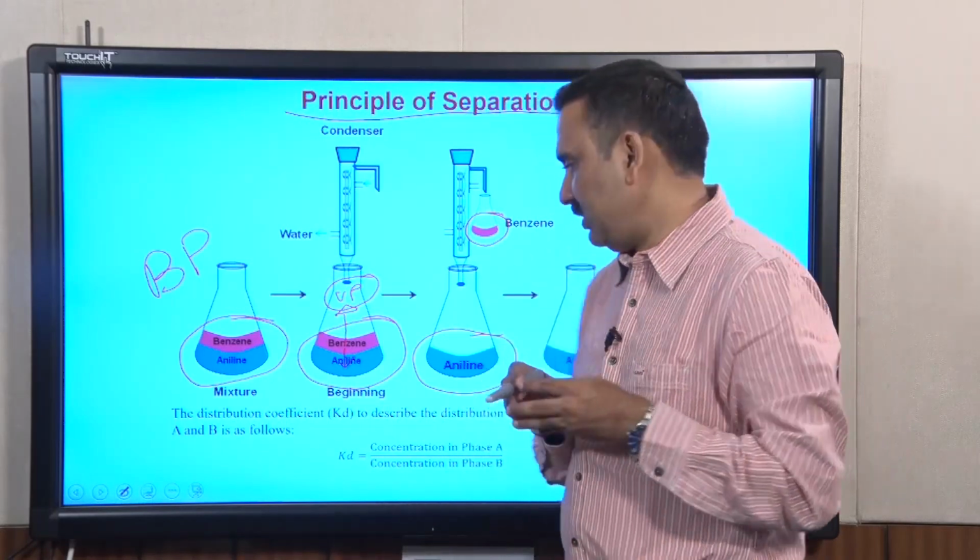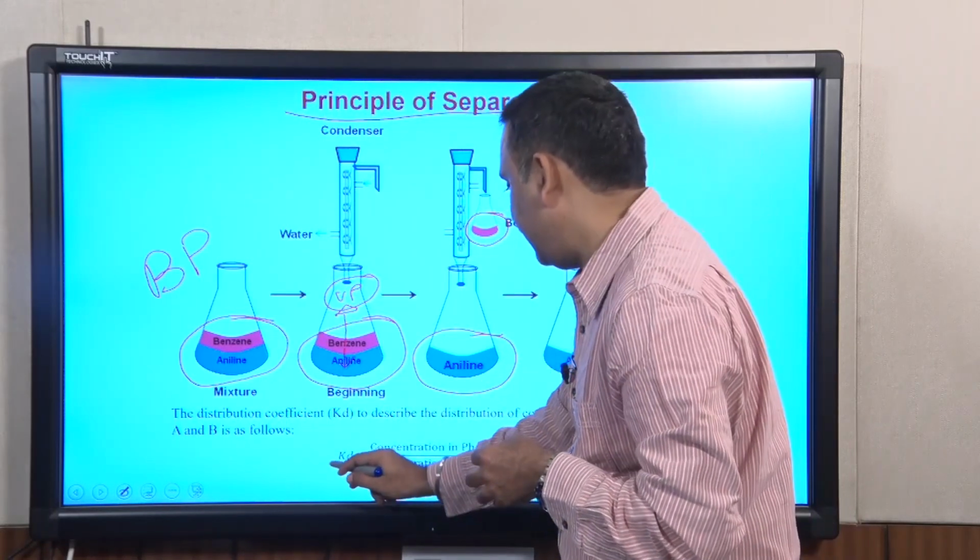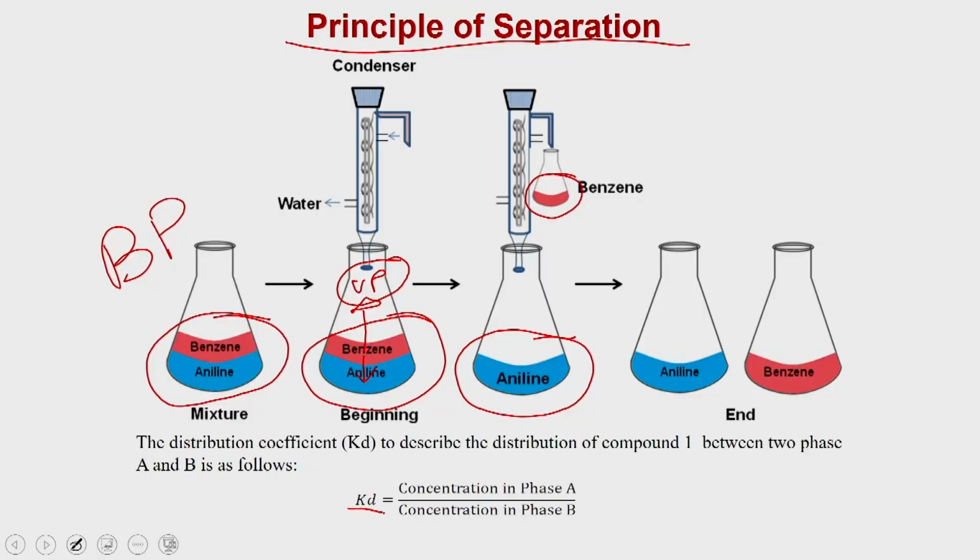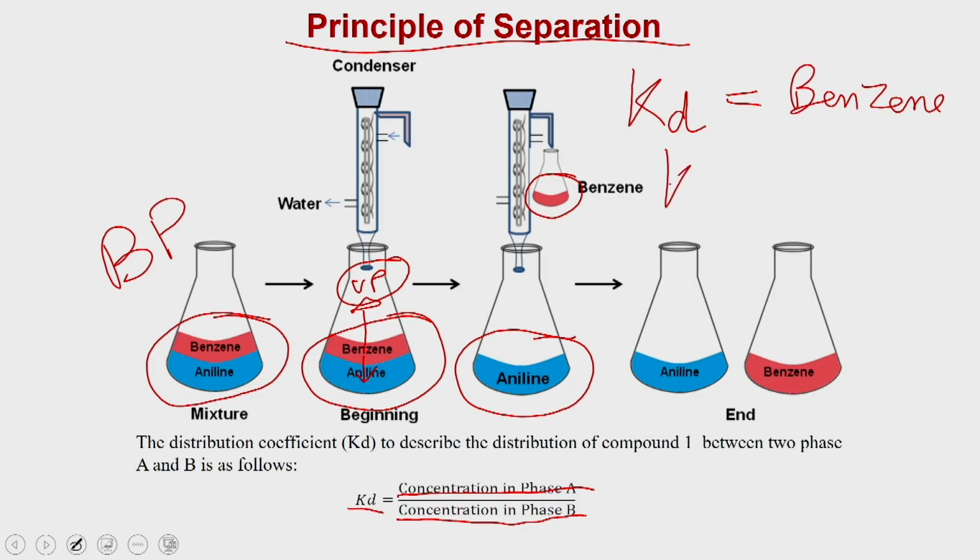The formula for the distribution coefficient is that Kd is equal to the concentration of the molecule in phase A versus the concentration of the molecule in phase B. In this particular case you are going to have two Kd values, one for benzene and the other for aniline.